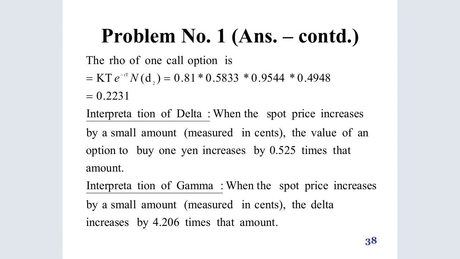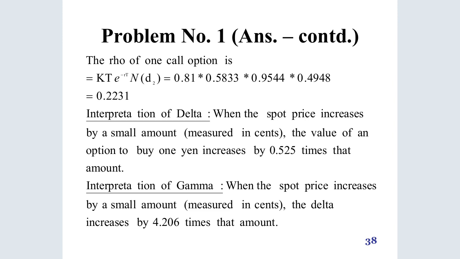So what is the interpretation? When the spot price increases by a small amount, measured in cents, the value of the option to buy 1 yen increases by 0.525 times that amount. So if the spot price increases by 1 cent, the price of the option increases by 0.525 cents. Similarly for gamma, when the price increases by 1 cent, it is the delta that increases, not the price.